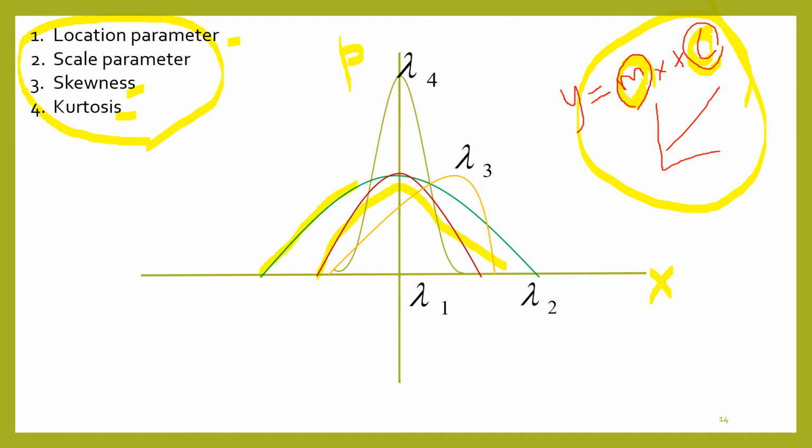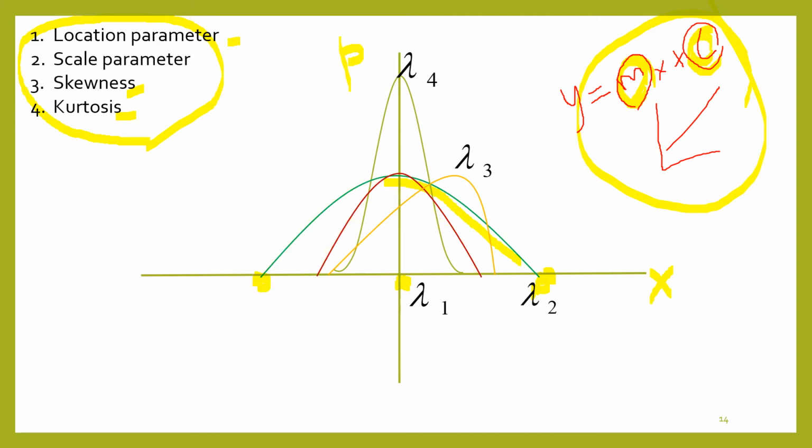The scale parameter is how far the minimum here and the maximum here are from the average. This is the average. For the green line, it is further. So this is the scale parameter: how far the minimum and maximum data are from the average.